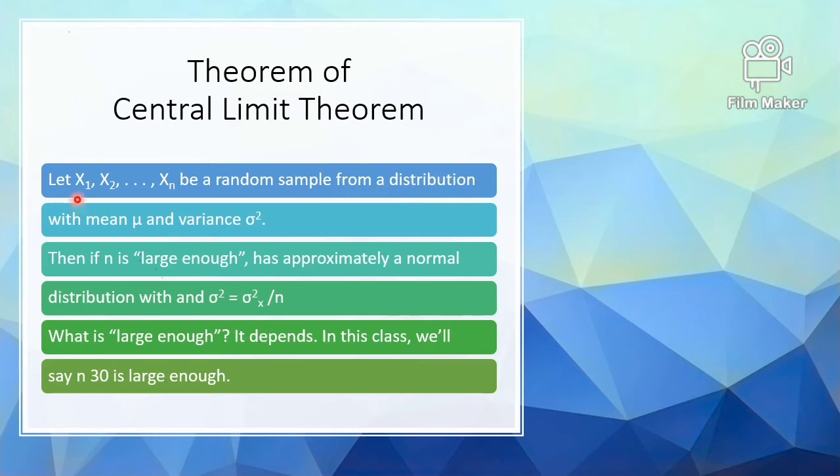You choose any numbers from 1 to 30, like 7, 8, 9, or 10, with the mean, or the probability mean, and variance. If n is large enough, it is approximately a normal distribution with the mean and variance divided by n. How large is large enough depends; in this class, we'll say that n equal to 30 is large enough.